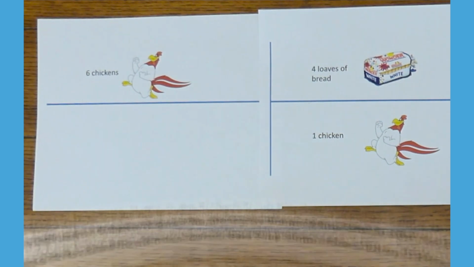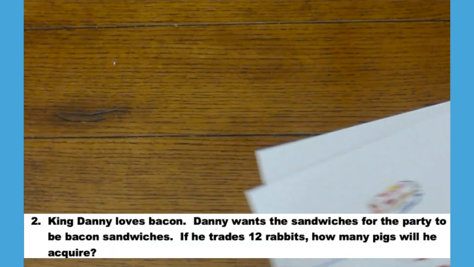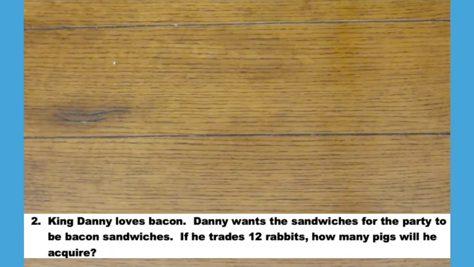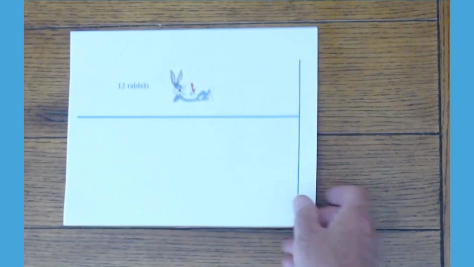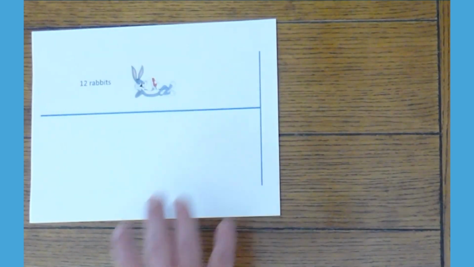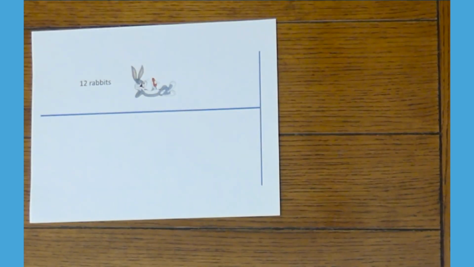The next problem says, King Danny loves bacon. Danny wants the sandwiches for the party to be bacon sandwiches. If he trades 12 rabbits, how many pigs will he acquire? So the students would have to go through and find the card that says 12 rabbits. So here's my card that's 12 rabbits. They then have to make out a connection because this is going to take 2 more cards.